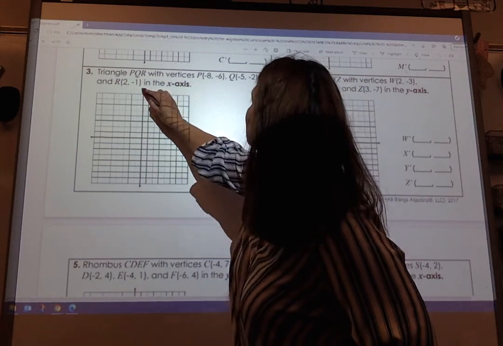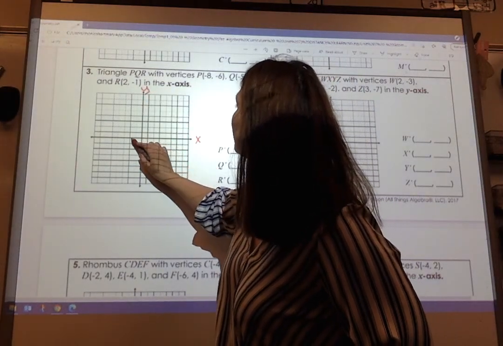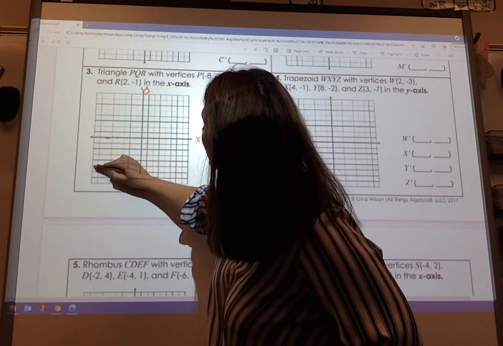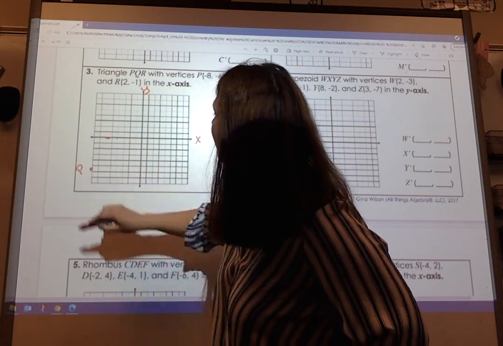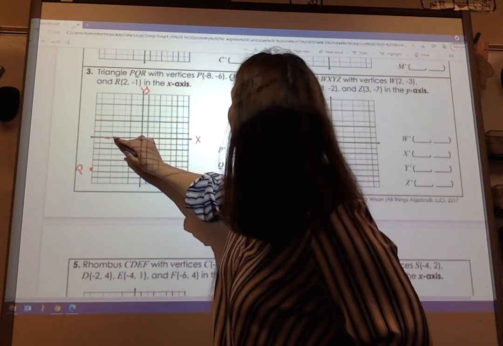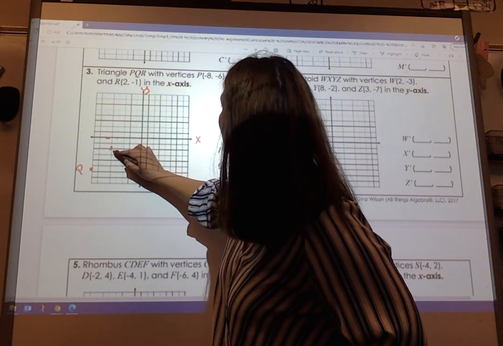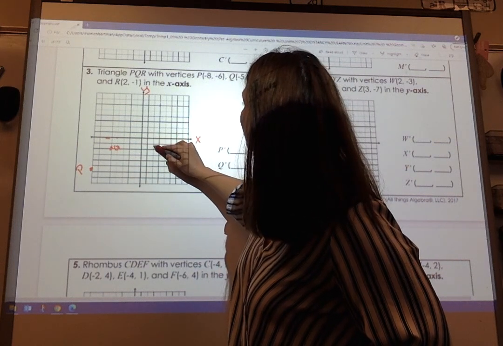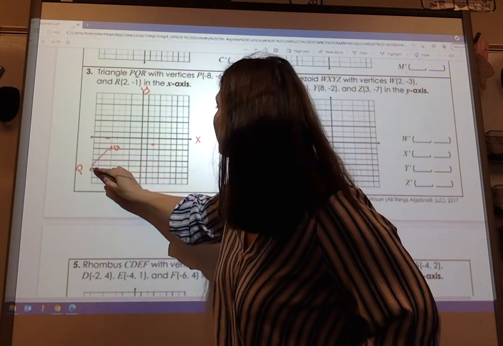So here's my x-axis, here's my y-axis. So -8, 2, 4, 6, 8, and -6. So there's P value. My Q is -5, 1, 2, 3, 4, 5, -2. That's my Q value. And 2, -1. Okay.